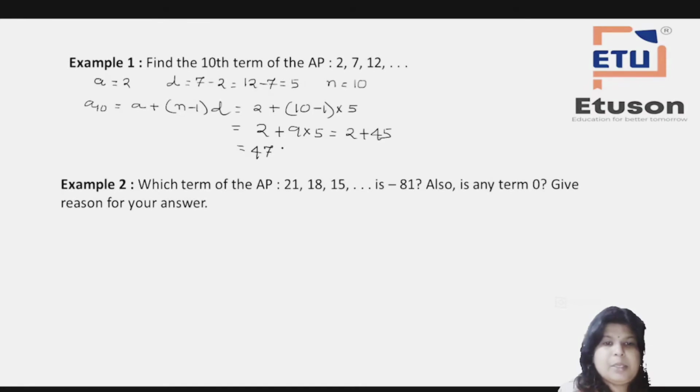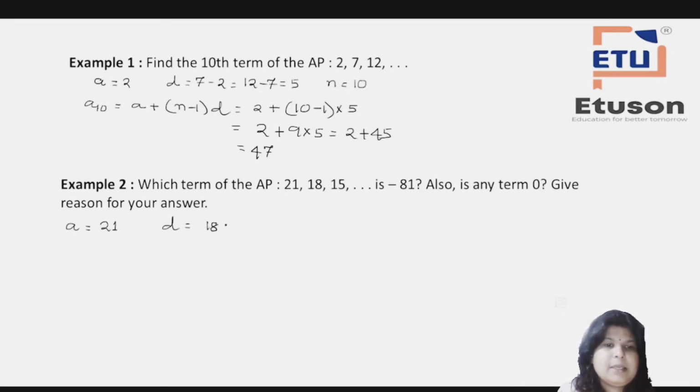Which term of the AP 21, 18, 15 is minus 81? Also, is any term 0? Give reason for your answer. So here the first term is given by 21. What is the difference?